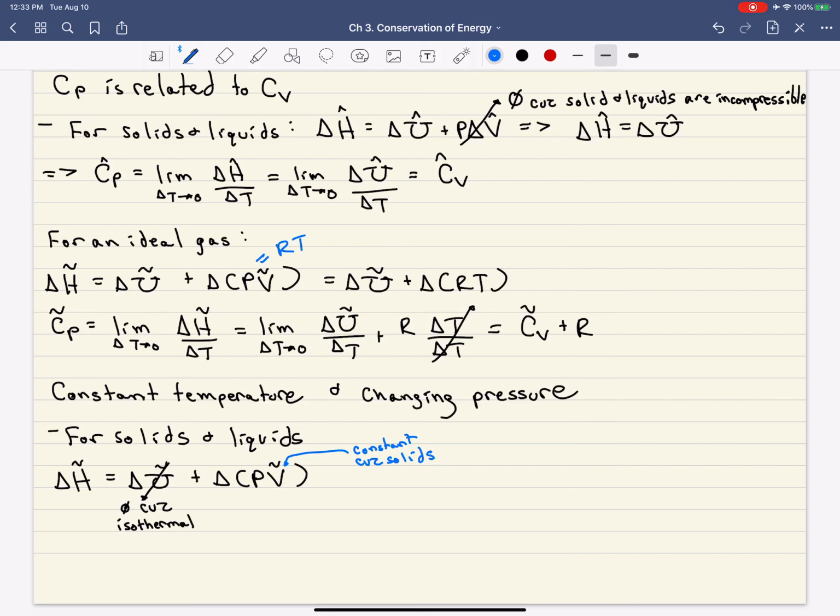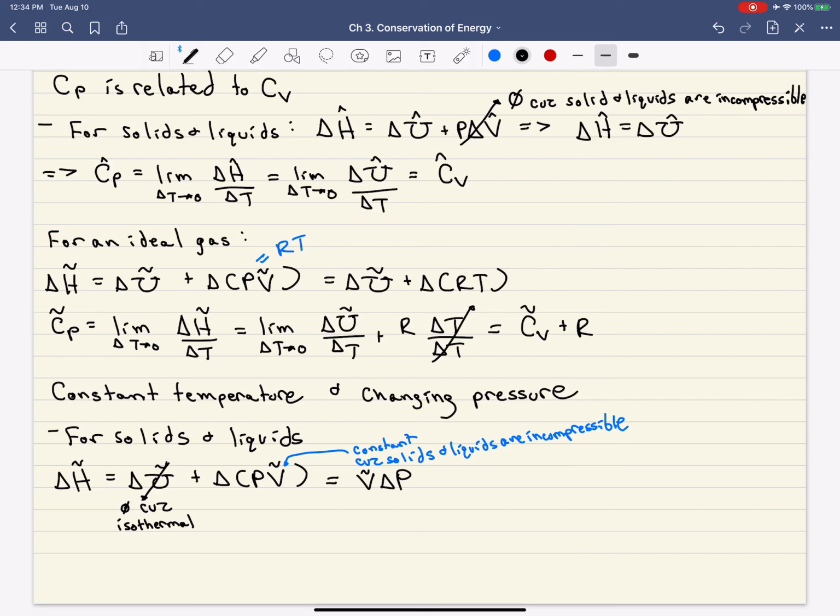The reason for that is because solids and liquids are incompressible. Their density isn't going to change. And so if we pull that out of the delta, what we have now is that the change in enthalpy is just going to be the molar volume times the change in pressure. So that's if we're dealing with a solid or liquid.